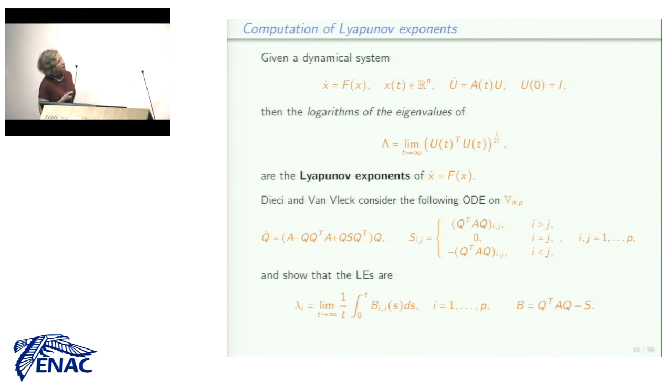So the Lyapunov exponents are the eigenvalues of this matrix. They are very important because if they are positive, it means that your problem is chaotic. If they are negative, it means that your problem is stable. The problem is that it's not so easy to compute them.